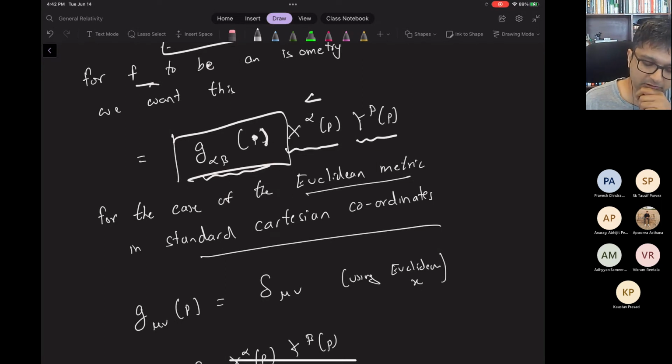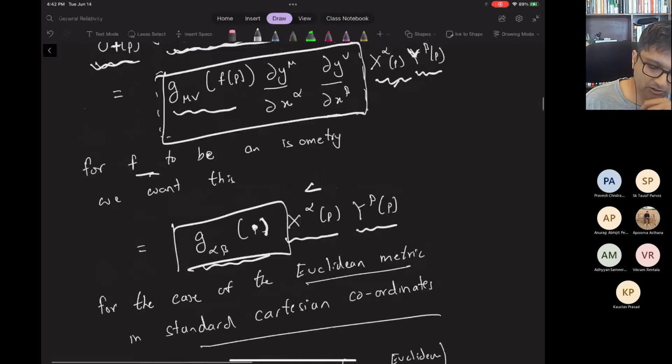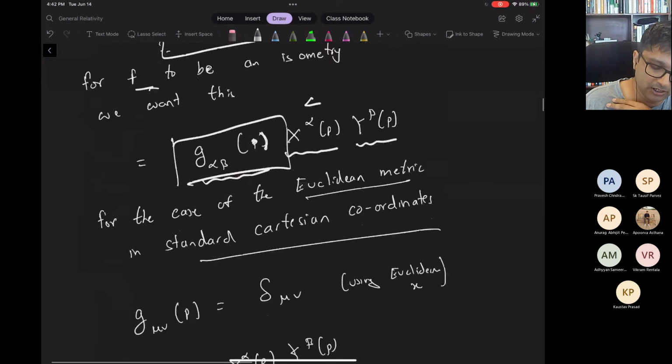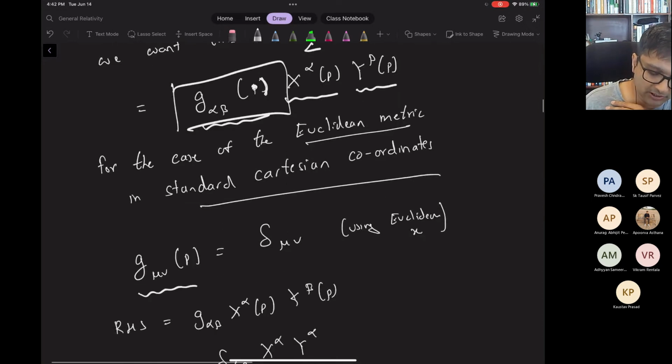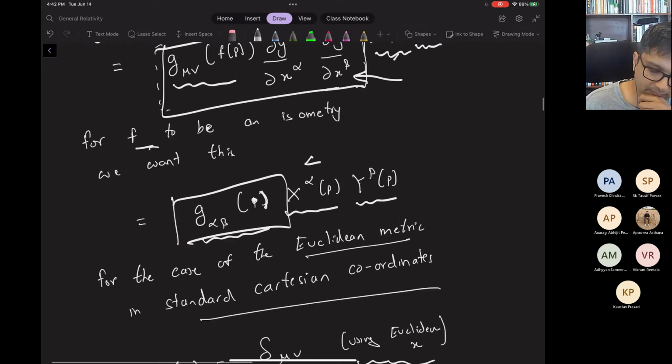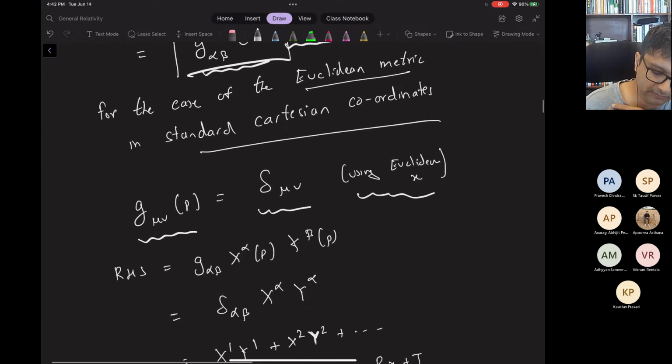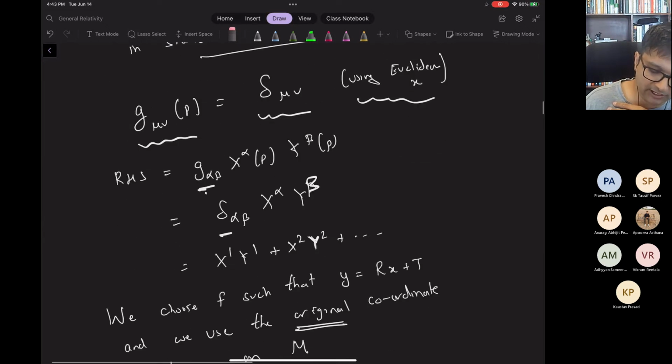So we'll choose the standard Cartesian coordinates for X, but we'll also choose the standard Cartesian coordinates for Y. In standard Cartesian coordinates, G_μν of P is δ_μν using Euclidean X. Therefore the right hand side of this equation is G_αβ X^α(P) Y^β(P), and this metric is just δ_αβ X^α Y^β, which if I expand in components is X1 Y1 plus X2 Y2 plus dot dot dot.